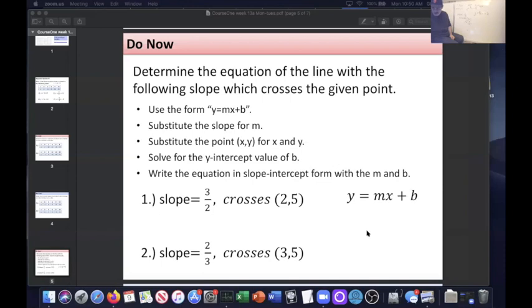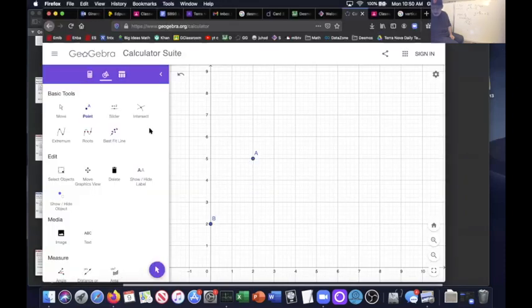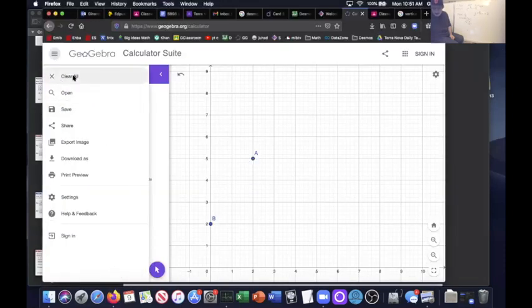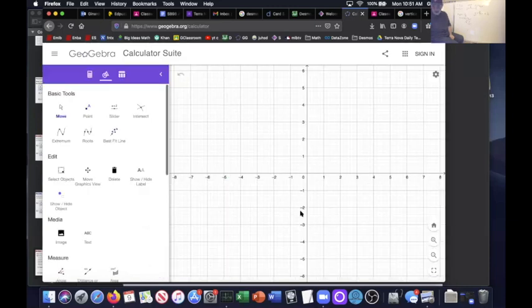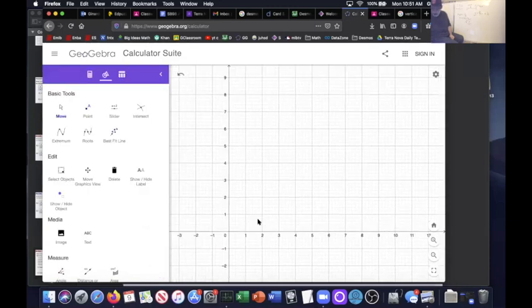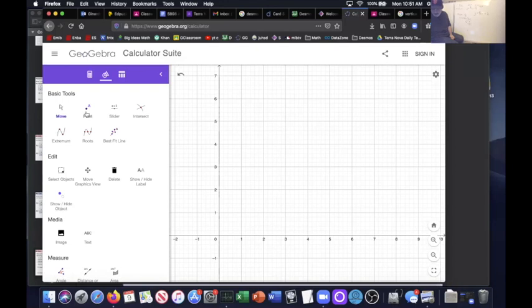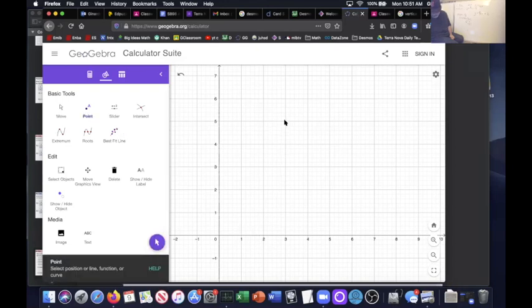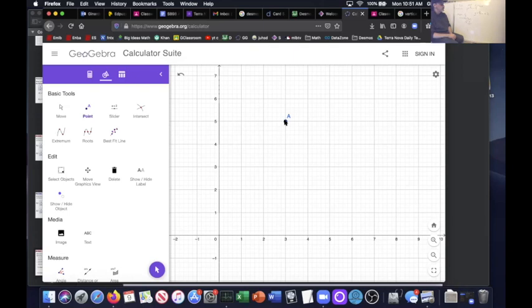All right, so again, just using GeoGebra to make this a little more visual. If you put that point 3, 5 here, that's not the y-intercept. But we know the slope is 2 over 3.